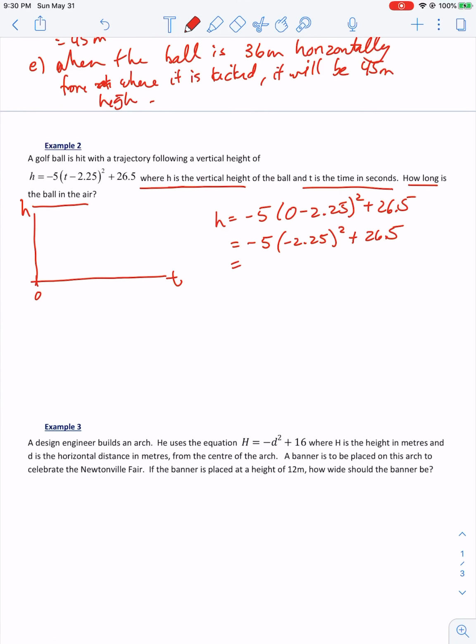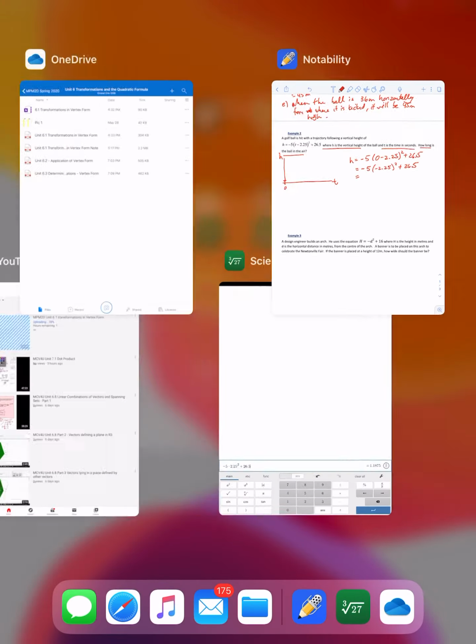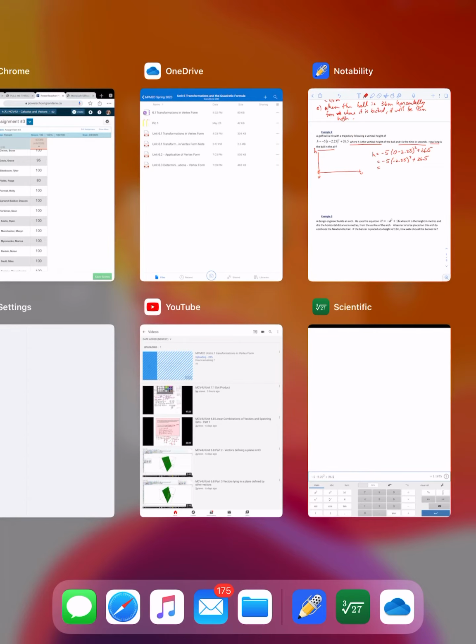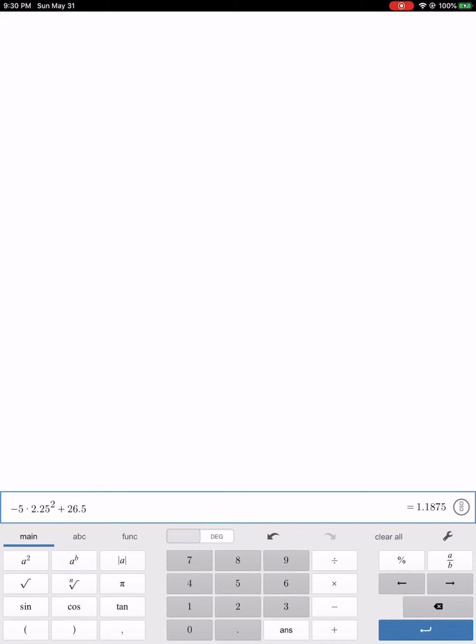Yep. So it actually is hit at a height, according to this, it seems awfully weird. At time 0, it's actually 1.1875 meters off the ground.